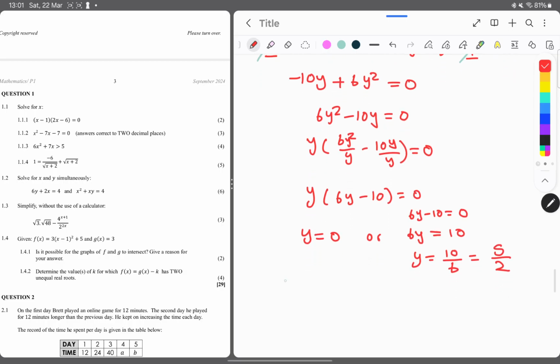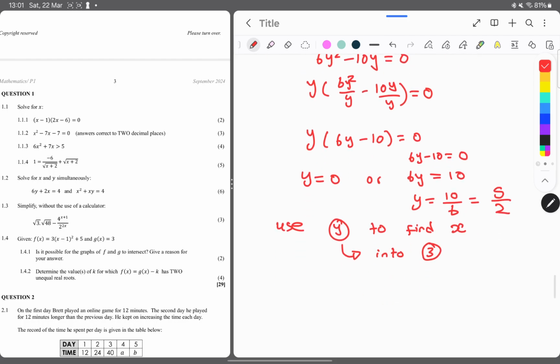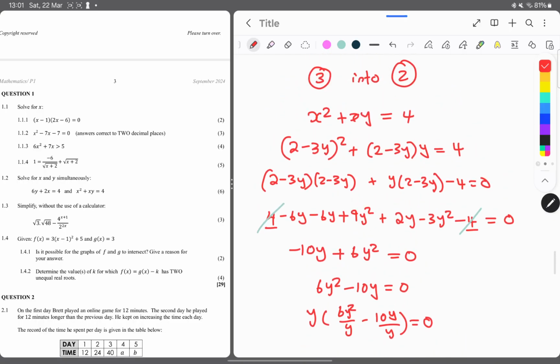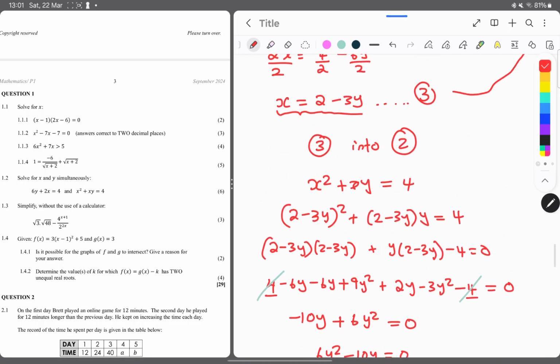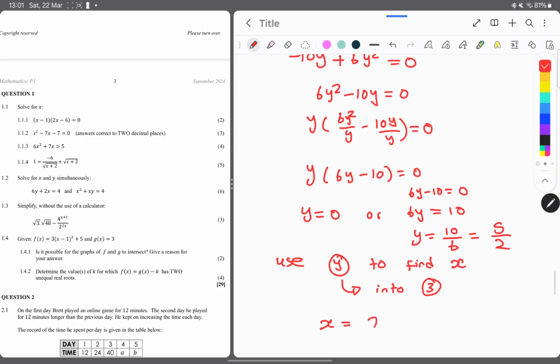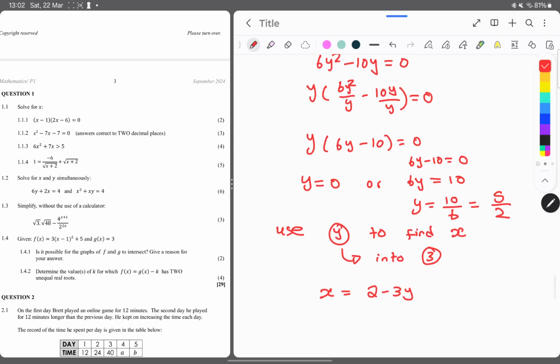From here, then use y to find x. What do we mean? Sub y into number 3. x equals, we had it there, our 3 said x equals 2 minus 3y.